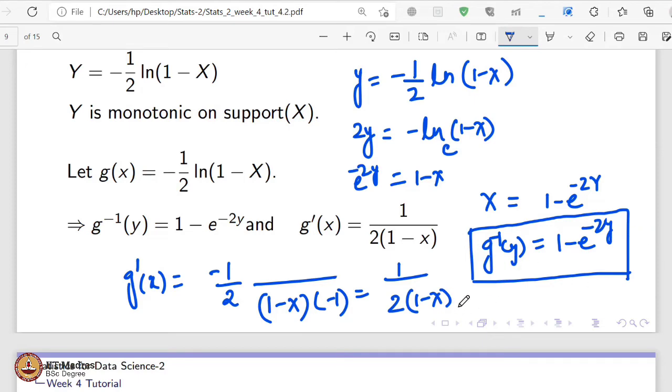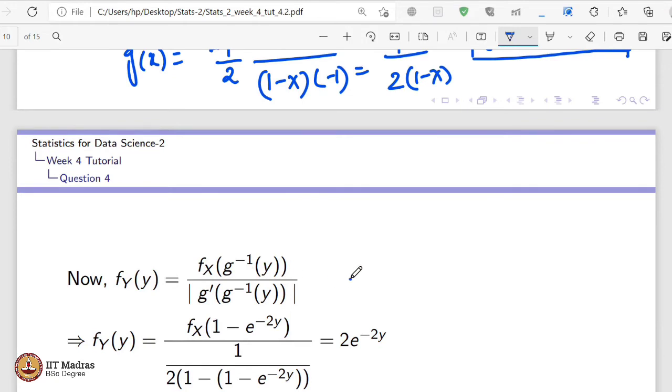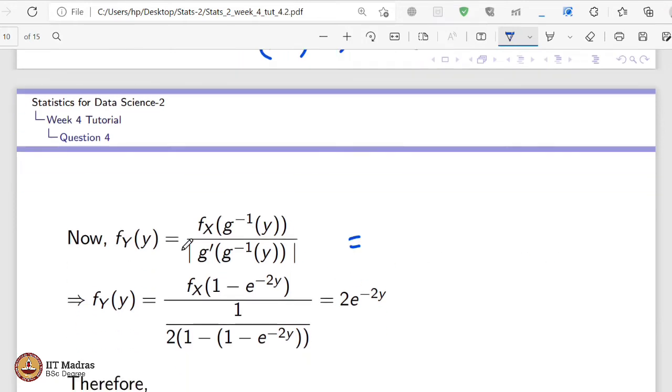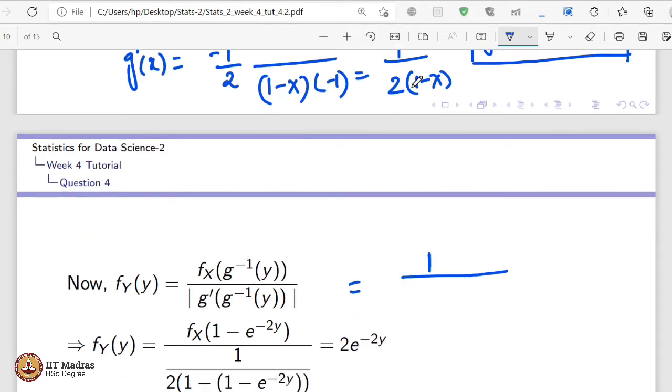So now we have to put it in the formula directly. So this is the formula. f of x is 1, so we can directly write it as 1 here. And g dash of x, what was the g dash of x? It was 1 upon 2 times 1 minus x, right? So in place of x, what do we have to put? g inverse of y.